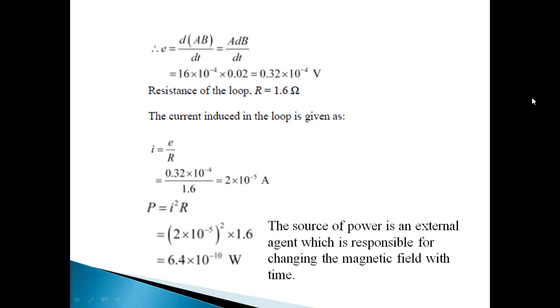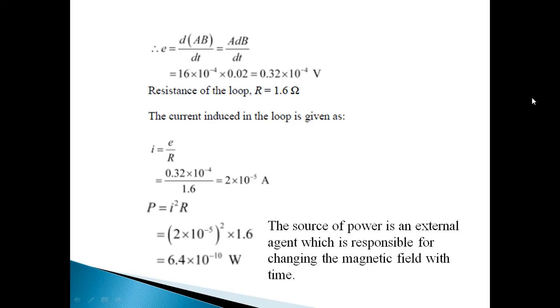Since the loop is stationary, we consider A as constant, taken outside, no variation with time: A into dB by dt. So we have the values of A and dB by dt, and hence we can calculate the EMF induced as 0.32 into 10 to the power minus 4 volt.